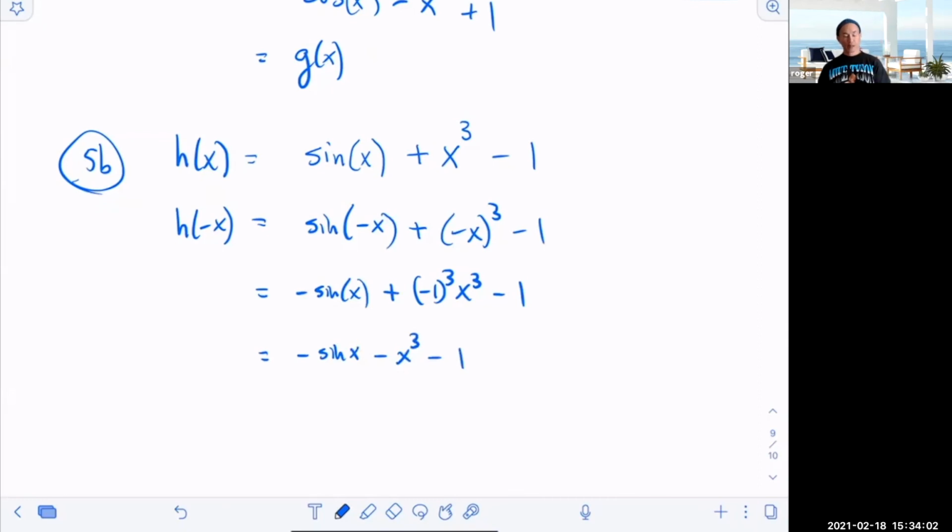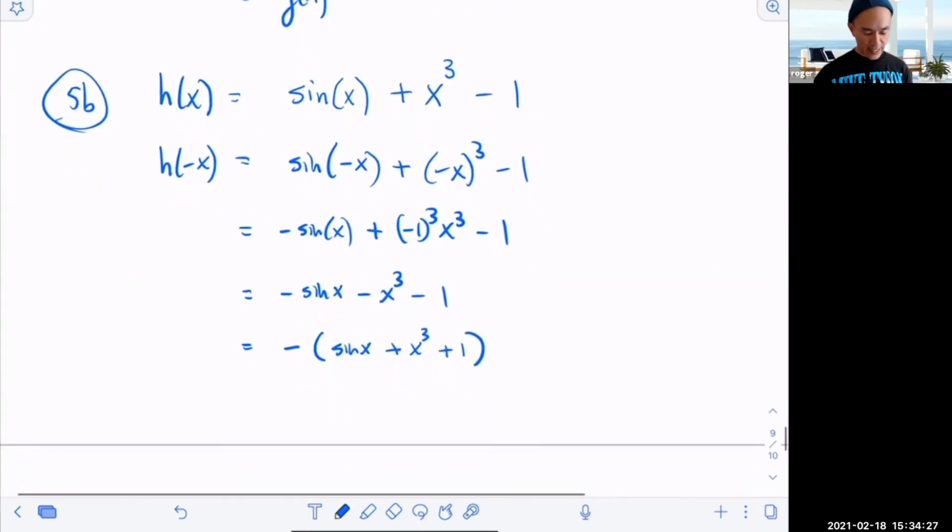So if this was odd, then I can factor out a negative 1 and get the same as h of x. So let me factor out a negative 1. When I factor out a negative 1, I'm going to get negative, sine of x plus x cubed plus 1.